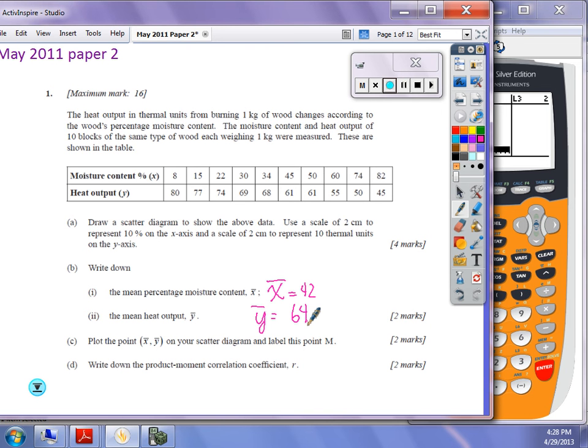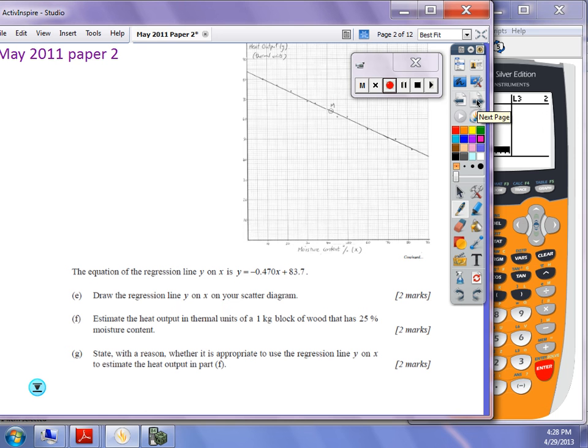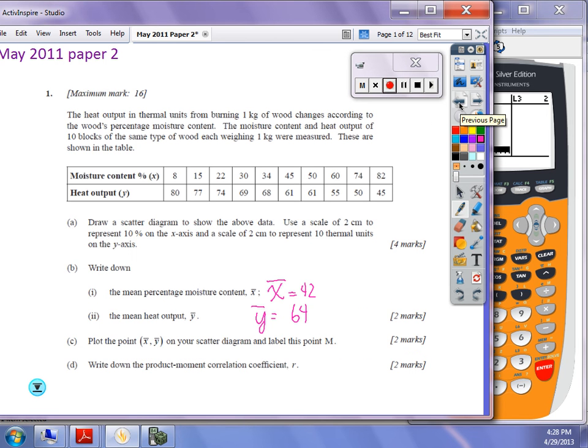Plot the point X bar, Y bar on your scatter diagram and label this point M. It is very clearly stated that your M needs to be marked. Definitely circle that point and label it M. It needs to be labeled to get full points.